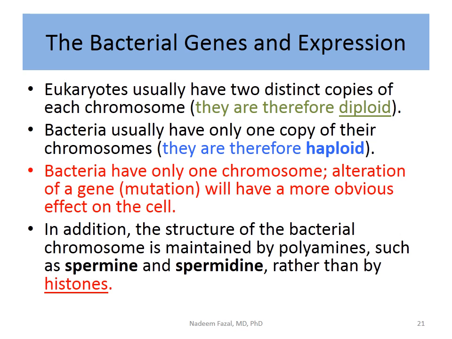Now, we human beings have two distinct copies of each chromosome. Therefore, we are called diploid. So we are diploid as compared to only one copy of the chromosome which the bacteria have, and these are haploids.